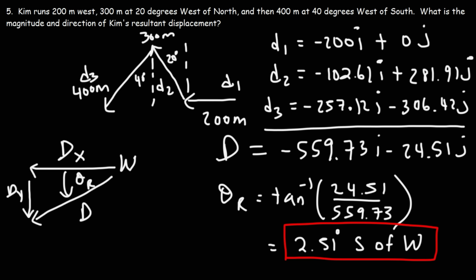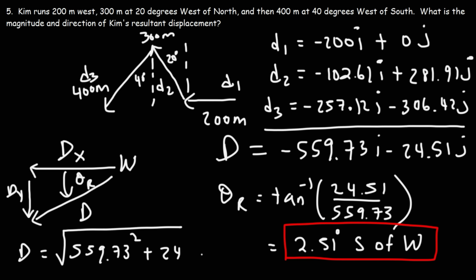And we need to calculate the displacement as well. I forgot to do that. That's going to be the square root of 559.73 squared plus 24.51 squared. Once you square it, the negative sign doesn't matter because all the numbers will become positive. Alright, so let's go ahead and get our final answer.